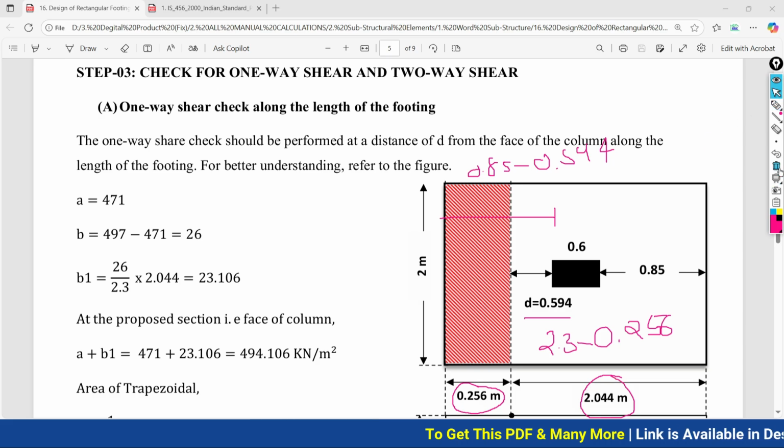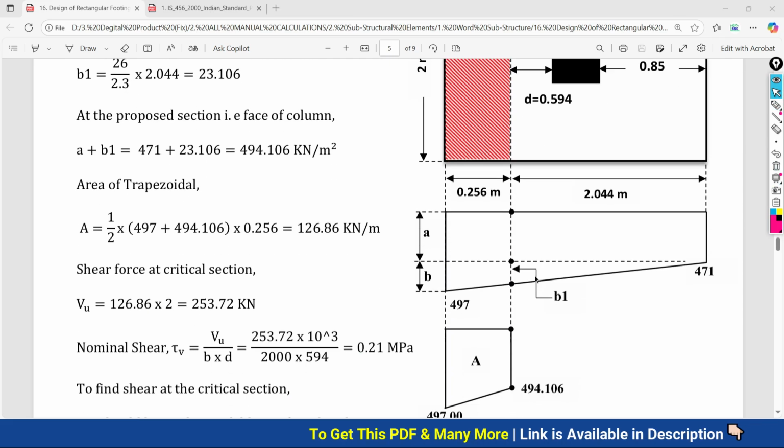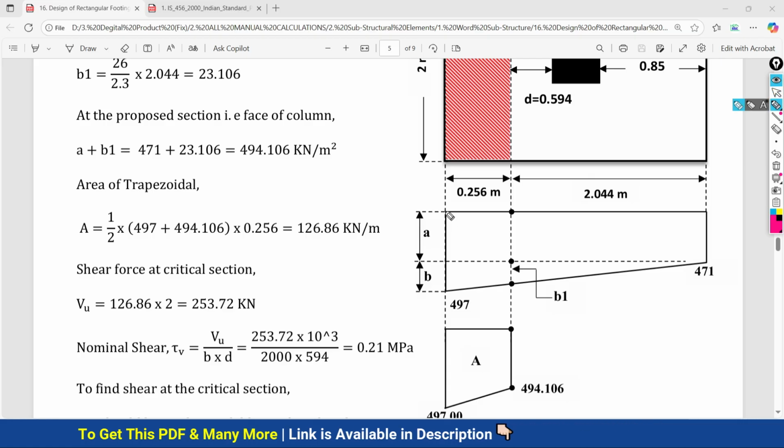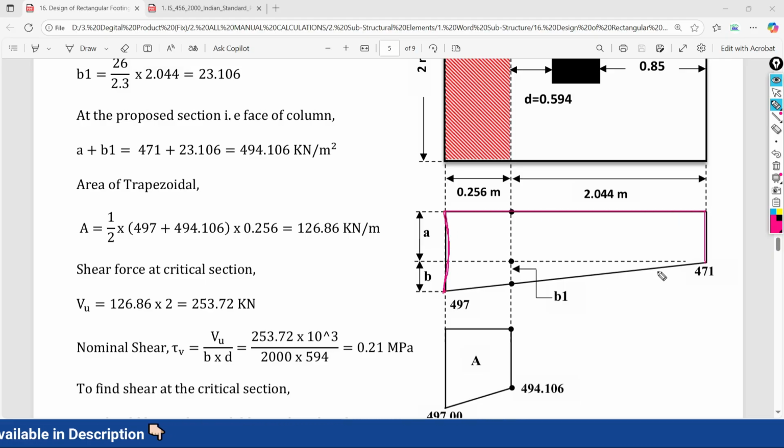And at the same time, again we have to draw the pressure distribution diagram, which has the maximum pressure at this edge and minimum pressure at this edge along the length of the footing. We have already discussed earlier how to draw this pressure distribution diagram.